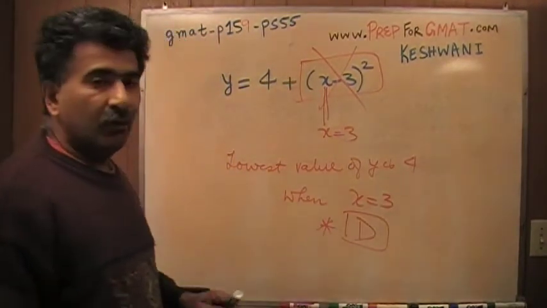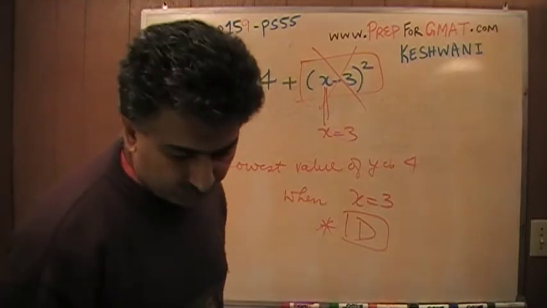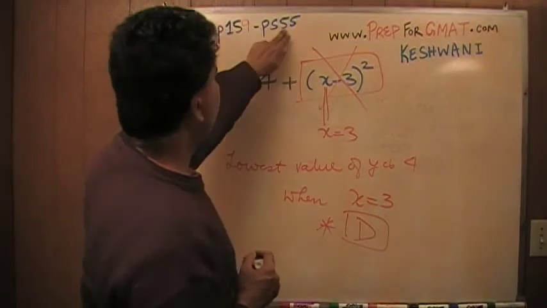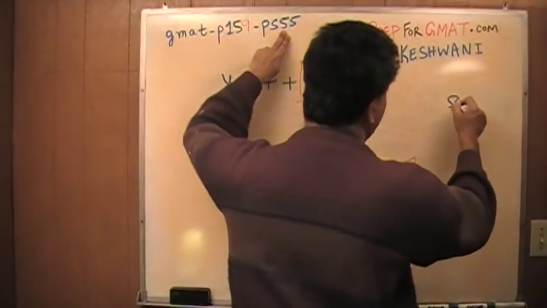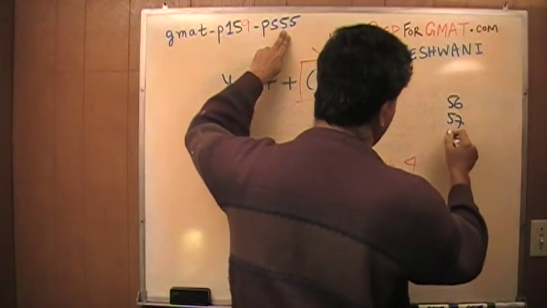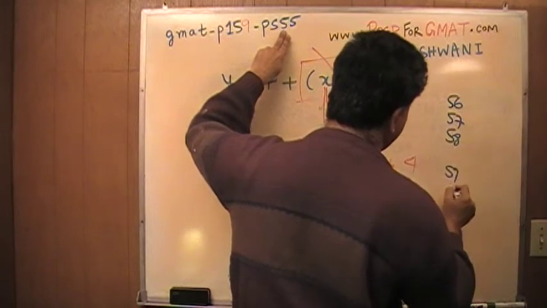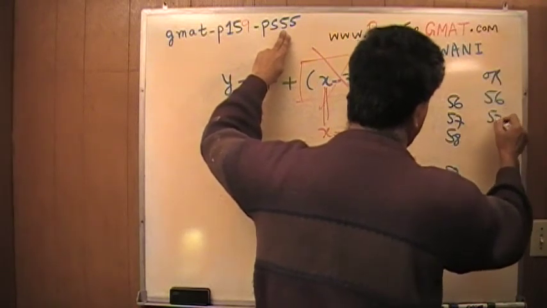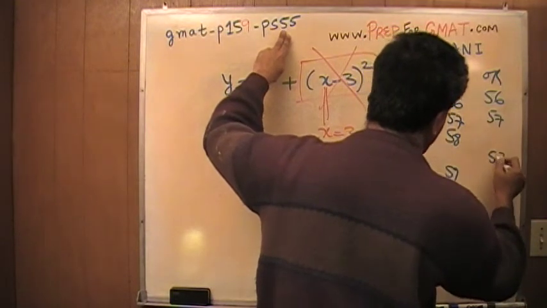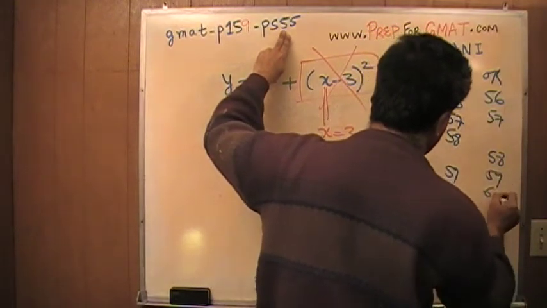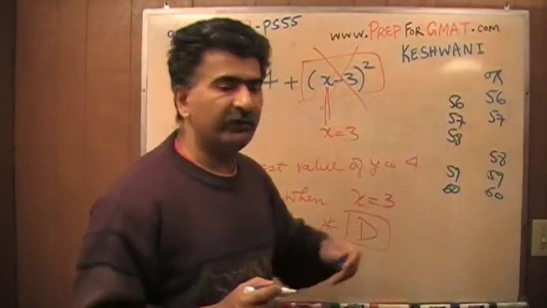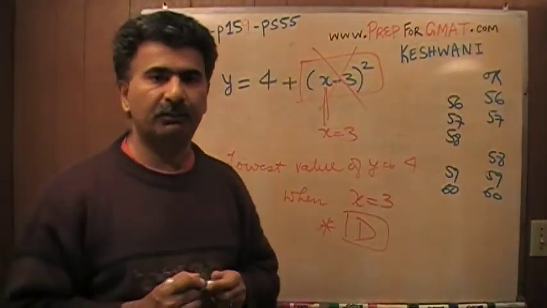I will come back and solve 5 more problems in the next 2 clips. So the pattern that I'm using is this. In the next clip, this is 55. So in the next clip, I'll solve 56, 57, 58. And then the following one is going to be 59, 60. Or I might do 58, 59, and 60 in the next clip, and 56, 57 in the first clip, depending on how long the problems are.